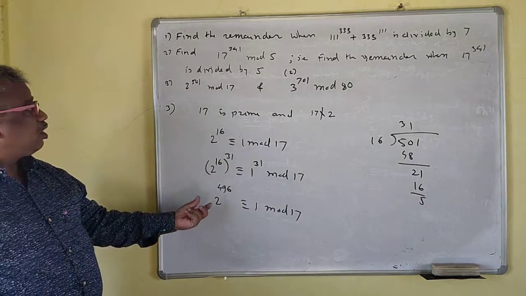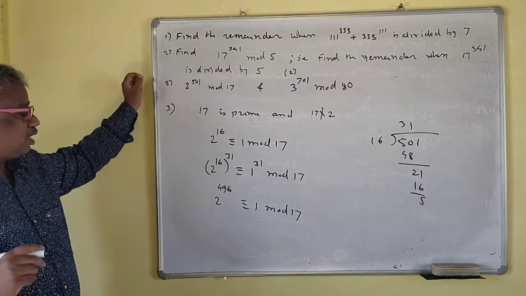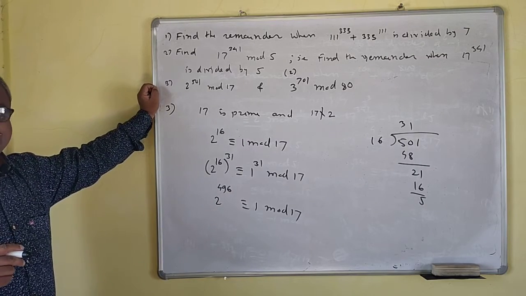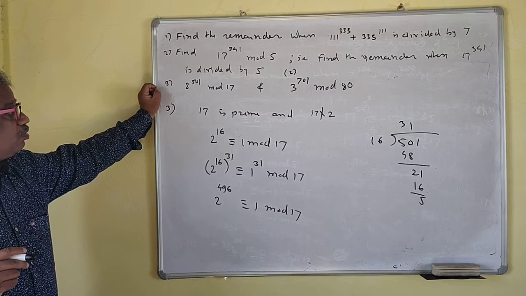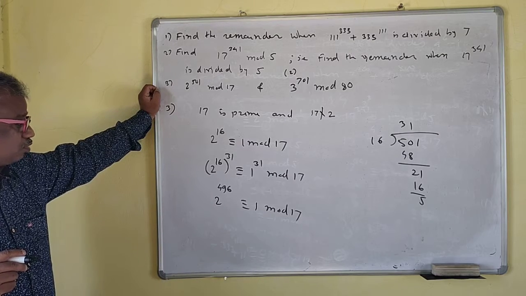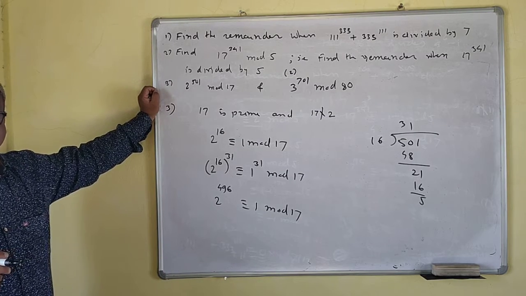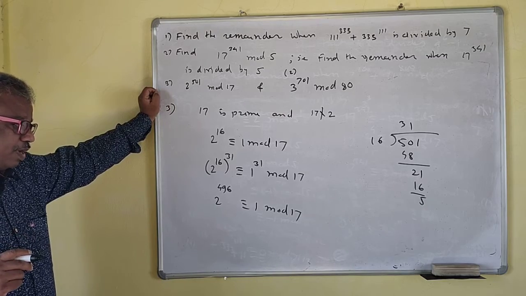So we reach up to 496, but we have to reach up to 501. So we have to reach up to 2 to the power 5 again.